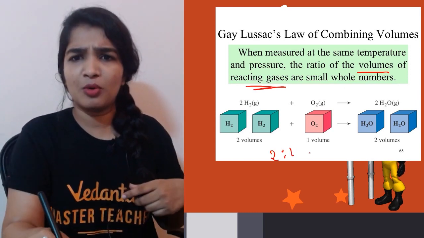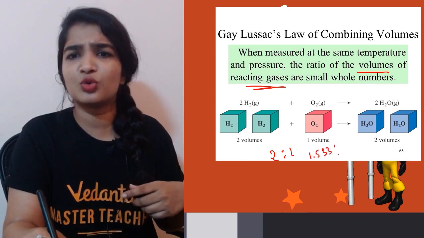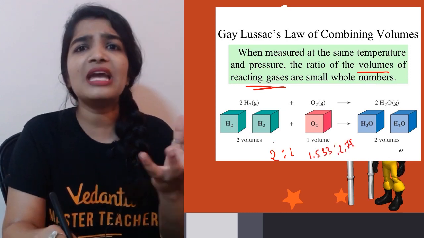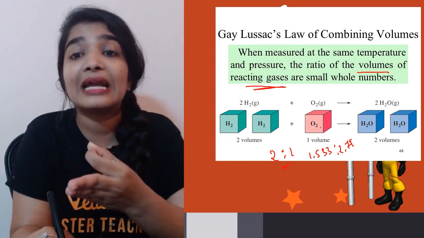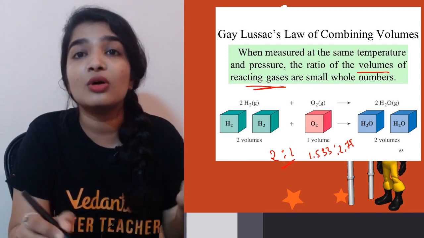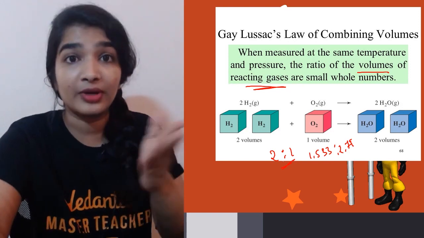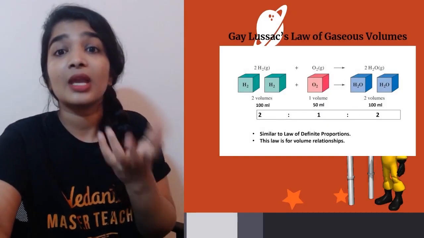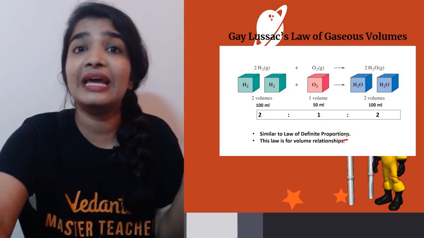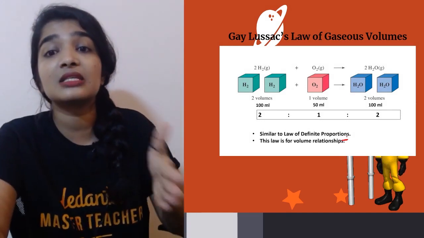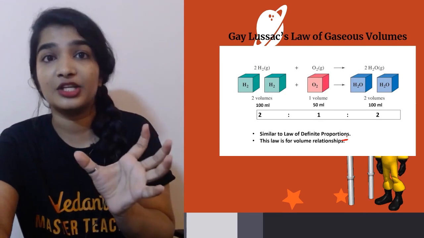I am not writing 1.533 is to 2.75. Very simple ratio, 2:1. 2 volumes of hydrogen reacted with 1 volume of oxygen. So by volume, right? 2:1. And this is similar to definite proportion. There it was with respect to the mass. Here it is for the volume relation.